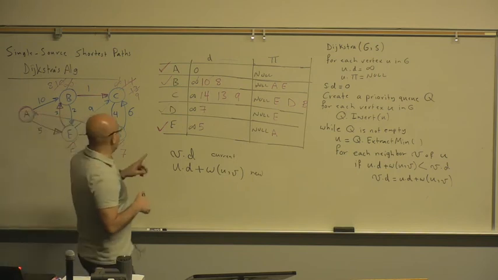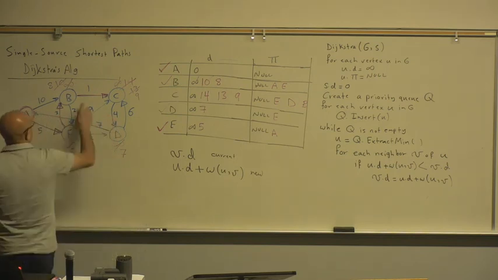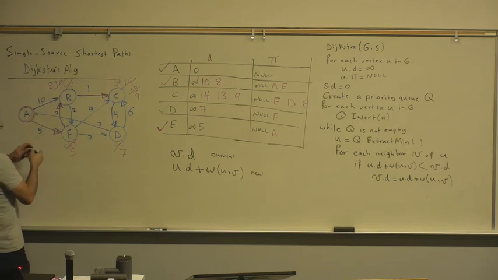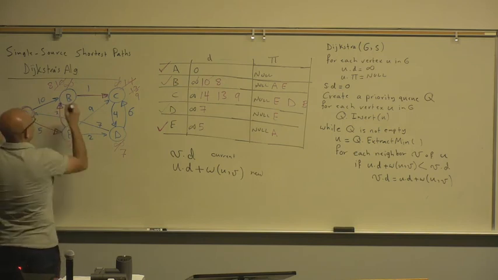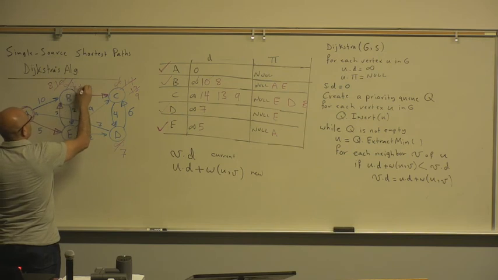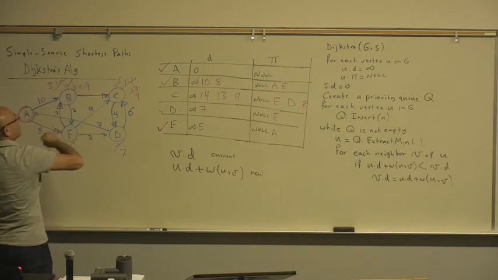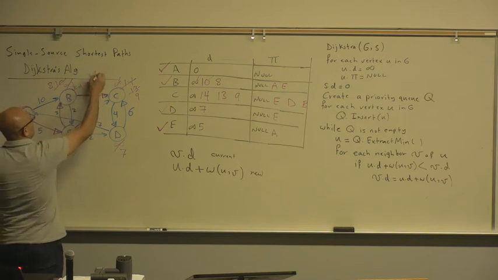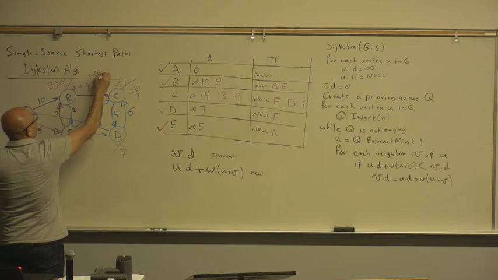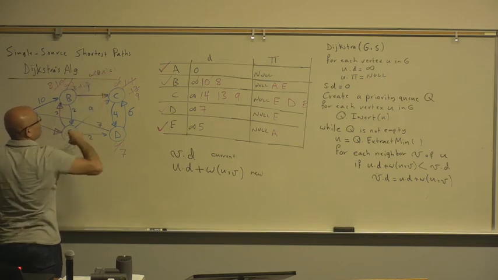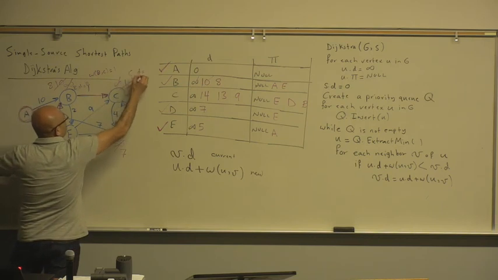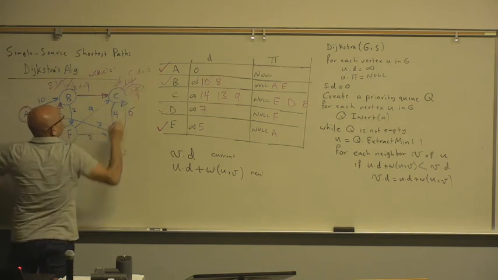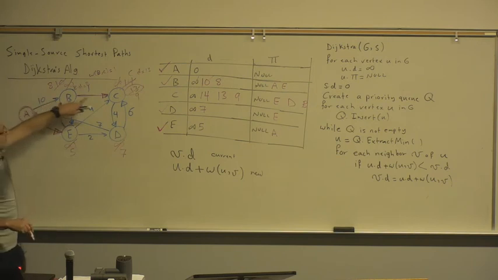We look at the neighbors. So for example, when we looked at the neighbors of B here, B.d was 8, and w of B and C was 1, and C.d was 13. So the distance of C was 13.